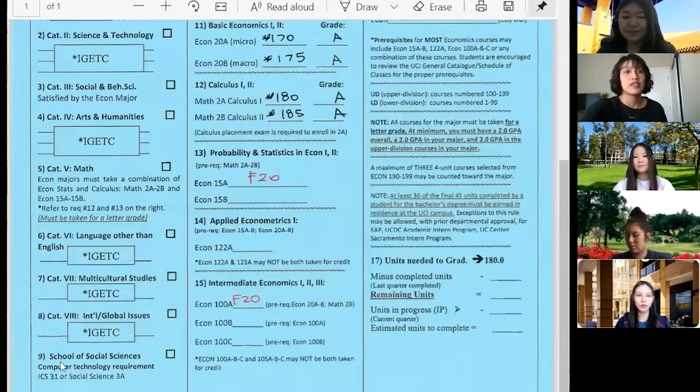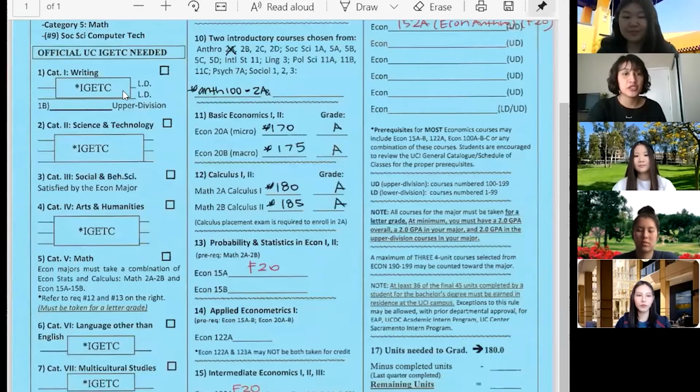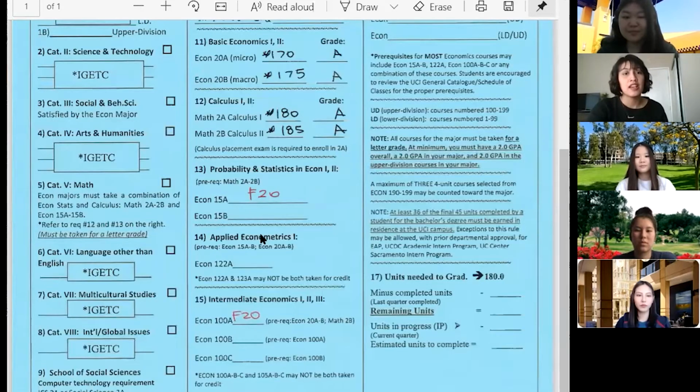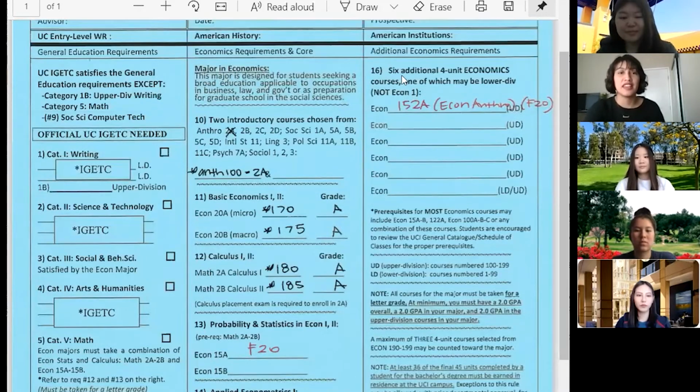So for example, this student majoring in economics is still going to need their upper division writing requirement, their social science computer technology requirement, the economics 122A, 100B, 100C, and then they're still going to need 5 more classes for their econ, the 6 additional 4-unit economics classes.